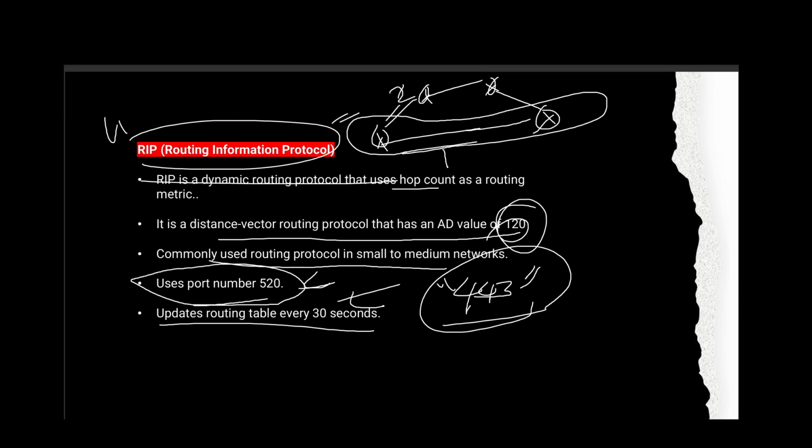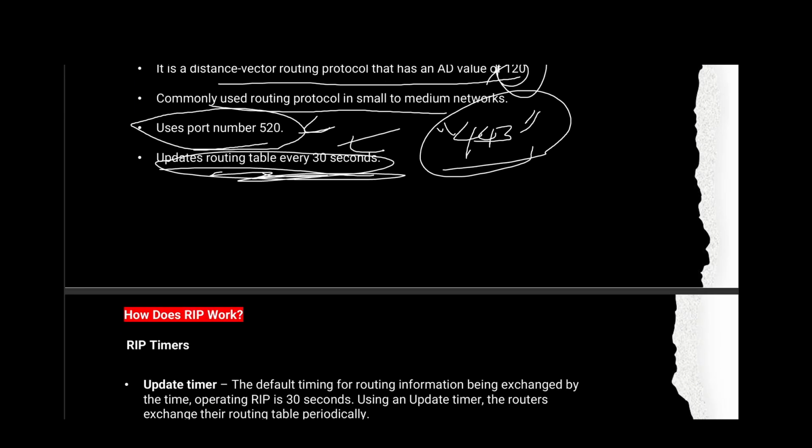Next, based on the number of hops, it also updates the routing table every 30 seconds. The problem with this one, because we have not talked yet about other routing protocols, but the problem with updating every 30 seconds is that RIP, being a very old protocol, will, let's say there are no changes on the network for the whole day and all the links are up, still continue to send routing updates every 30 seconds.